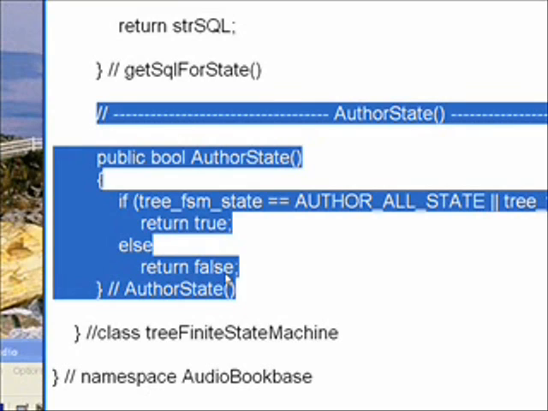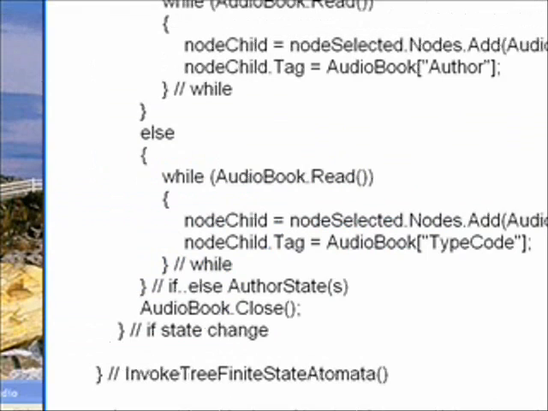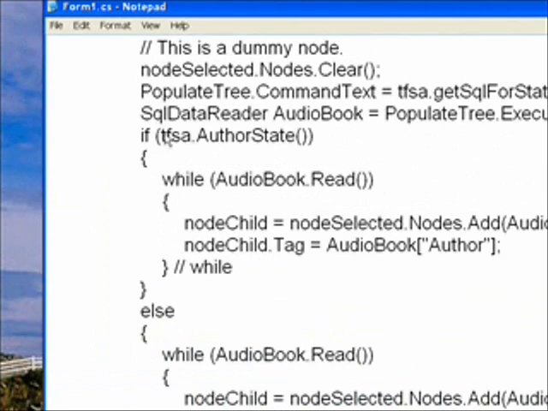So back in the invoke tree finite state automata local method of the form class, we see the tree command text being populated by the get SQL for state we were just looking at, and then we see the data reader audio book being populated by the execute reader based on that variable SQL.